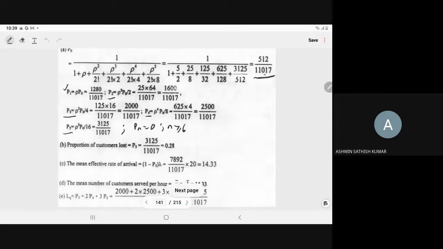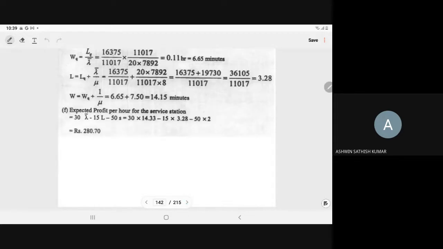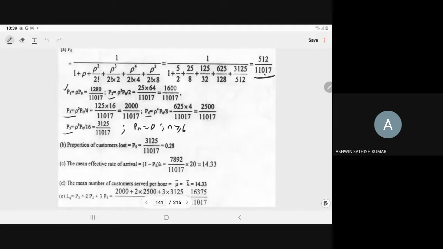So here you can see the value of the effective arrival rate, it is given to you as lambda into 1 minus P5, and it is coming 14.33, which is less than 20.